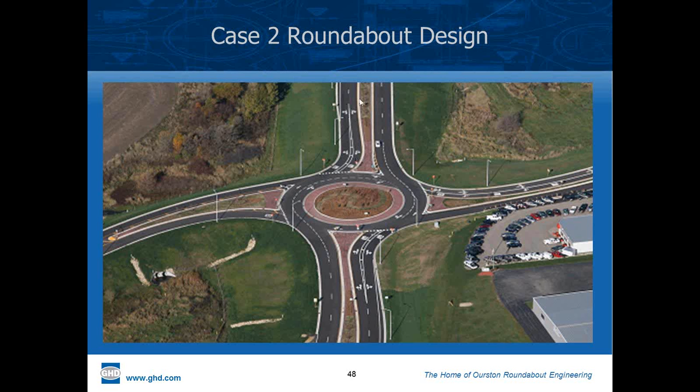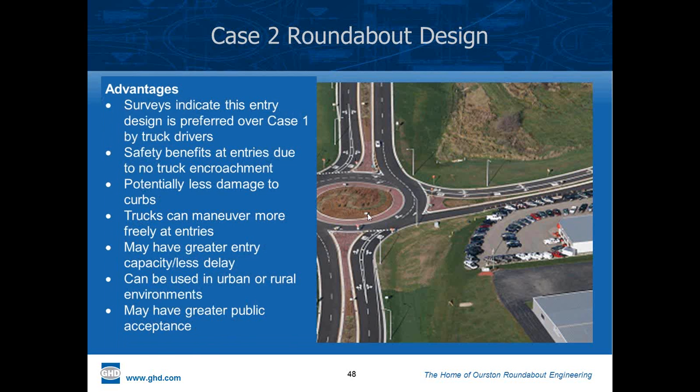It's a rural high-speed approach roundabout, and that provides that over-tracking area. An advantage is that this was indicated as a preference over Case 1 because the truck driver can at least stay in lane when entering, and when they head off from the yield line, they can either cross the lanes, or if there's traffic beside them, they can try to stay in lane, or if they have to use the apron for a left turn, it becomes evident. So it's a bit of a staging approach.